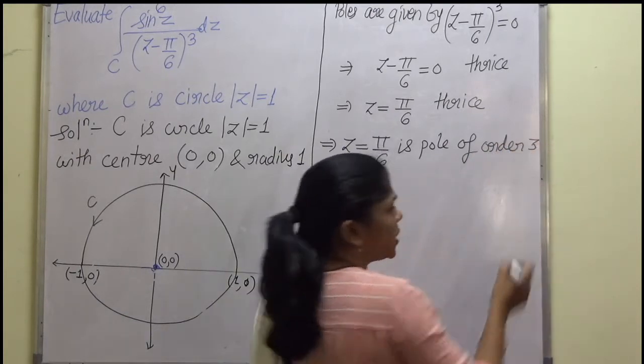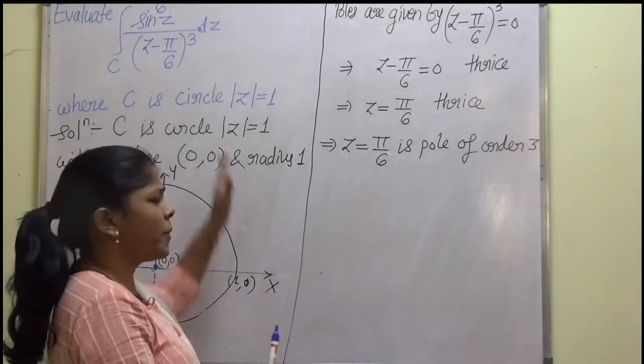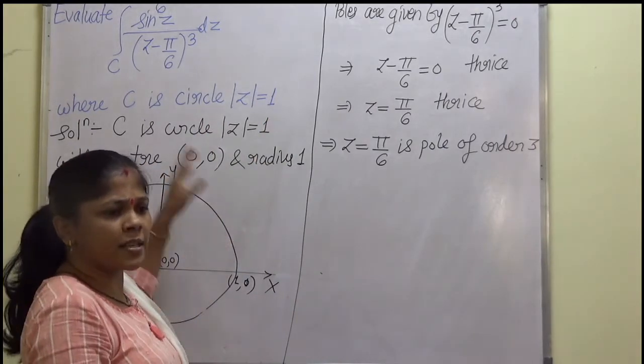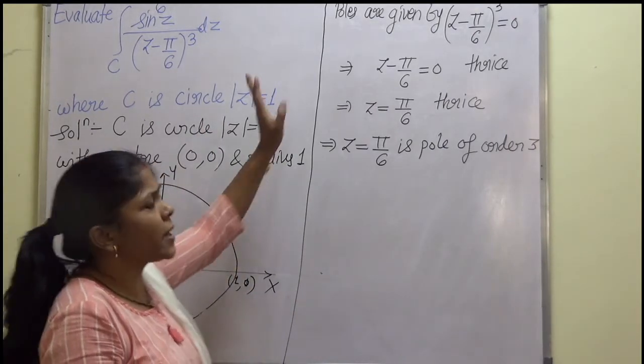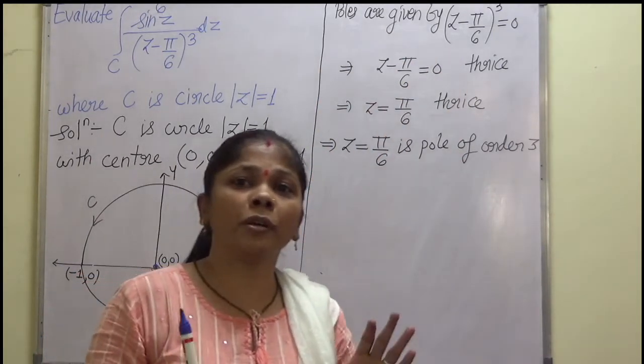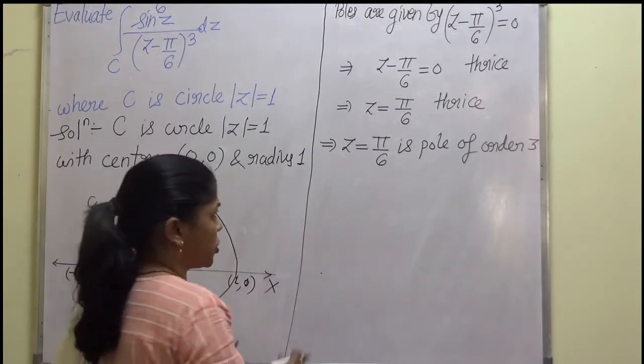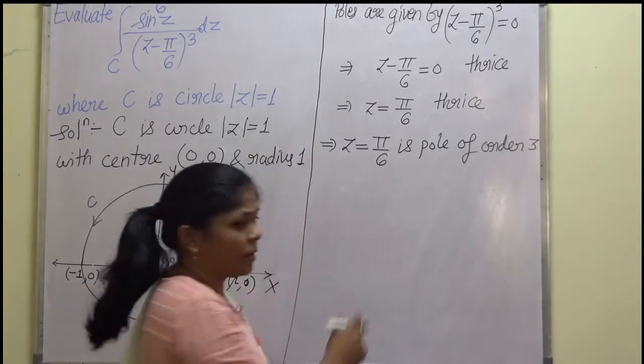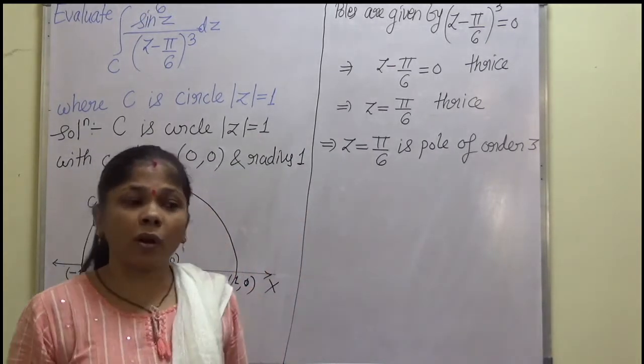Okay. I hope these steps are clear to you. First step, identification of center and radius, drawing the circle. Second step, to find out the poles. Third step, to decide the nature of the pole. Now we have identified the nature of the pole. Now let us see whether this pole lies inside or not. Why?